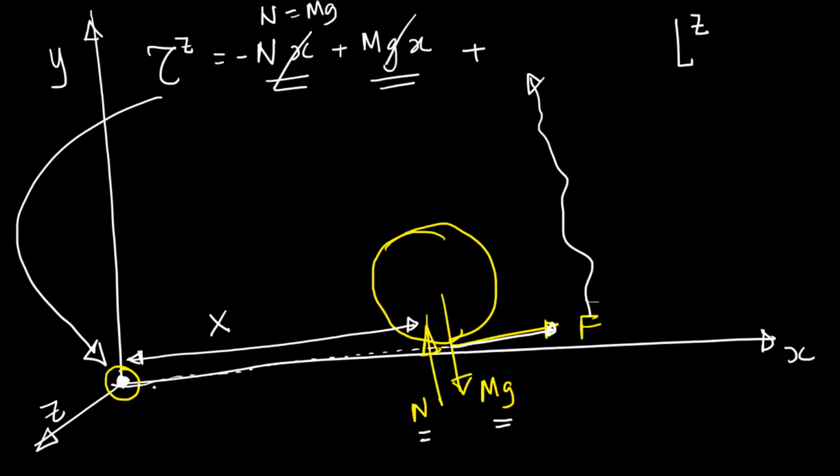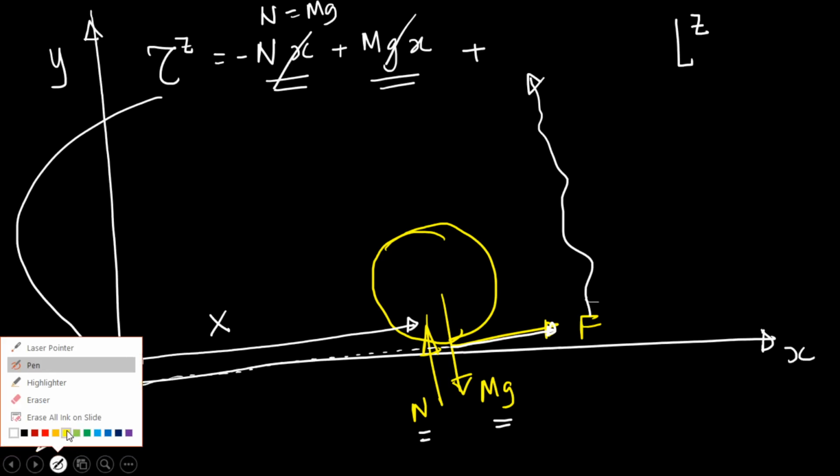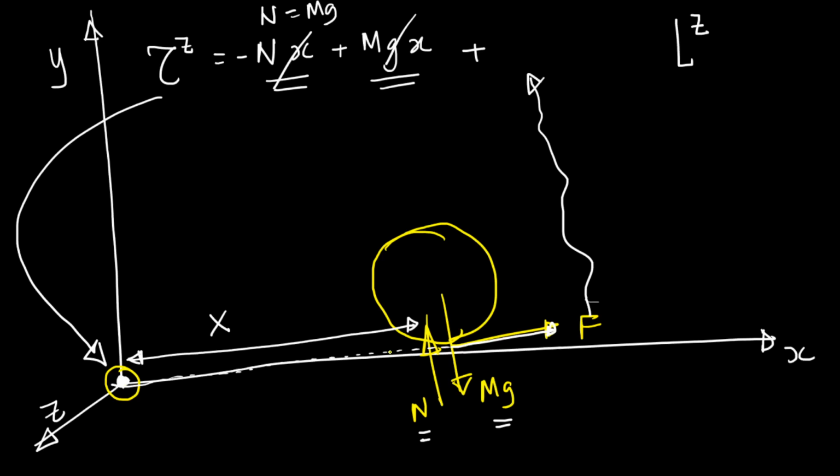I'm trying to stick to this origin, and I'm noticing, and this is a very important observation worth slowing down for, that the line of action of F is through the origin, which was not the case for N and mg, but then they cancelled out, since one is negative and one is positive and equal.